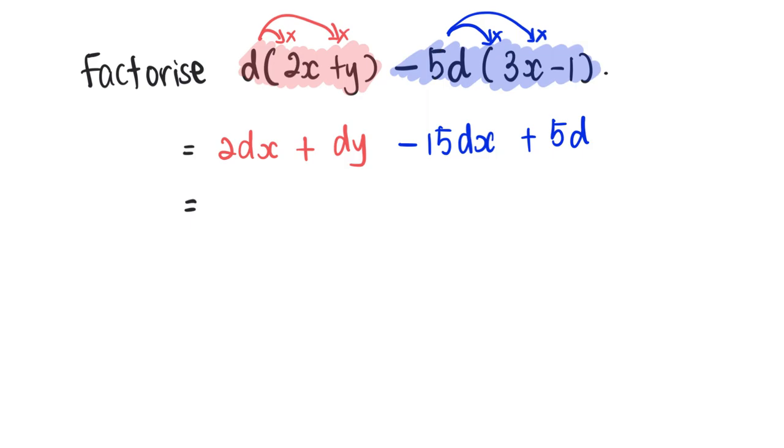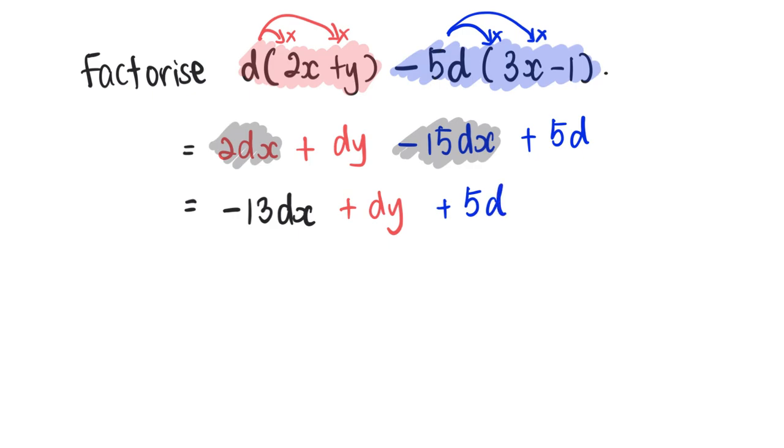And so, from here I do see a like term that I would like to simplify further, the dx term. So that will be 2 minus 15. That will give me negative 13dx. I still have my positive dy and my positive 5d. And from here, you will then see that there's only one common factor out of all.